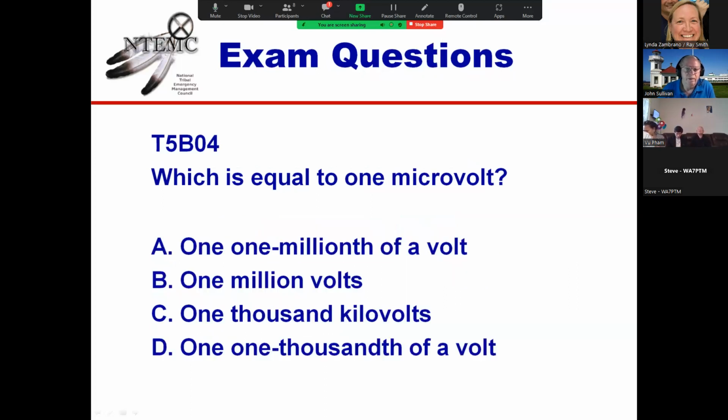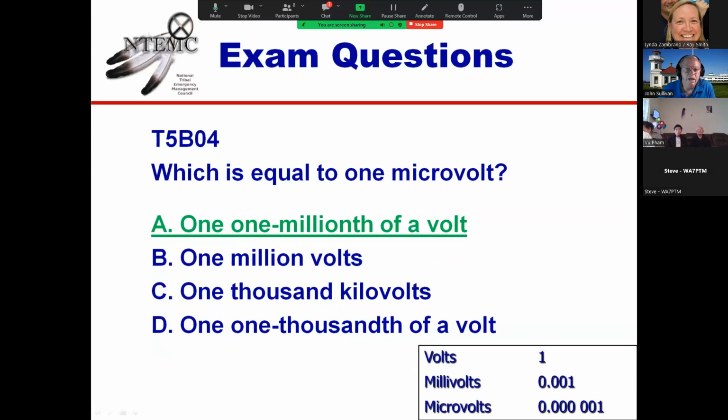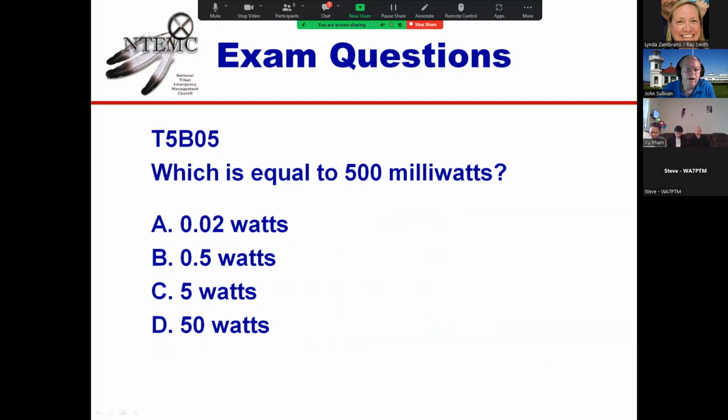Which is equal to 1 microvolt? Okay, so micro is again millionths, so it's 1/1,000,000th of a volt, 0.000001. Which is equal to 500 milliwatts?